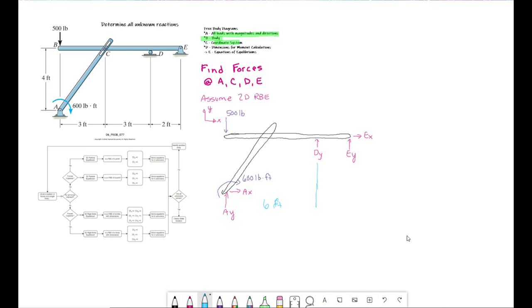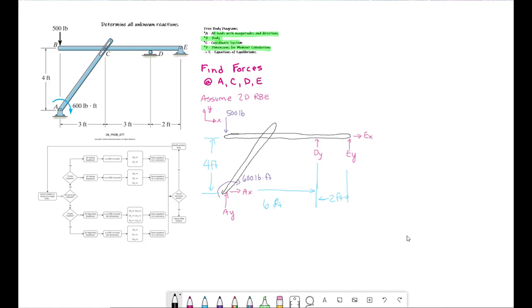Then we've got another 2 feet over to E. We do need the elevation of EY, so that's going to be 4 feet. So for this free body diagram, everything's set up so we can write our equations of equilibrium.